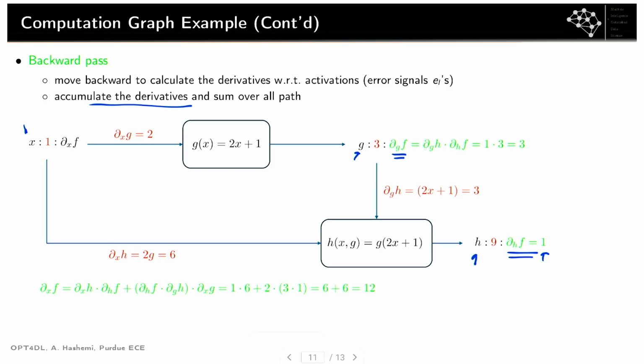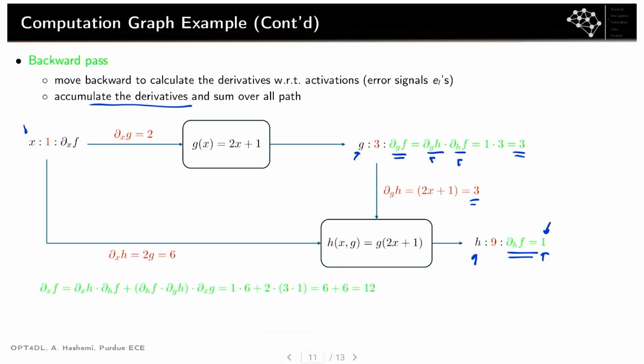By the chain rule, this is nothing but the partial derivative of h with respect to g, and then f with respect to h. Fortunately, I have both of these quantities calculated. This one is always equal to 1, and this one I already calculated in the forward pass. So I'll be able to calculate the partial derivative of f with respect to g. Okay, so this is equal to 3.